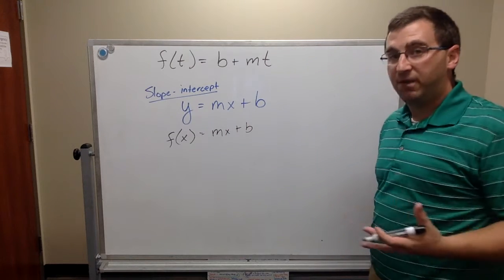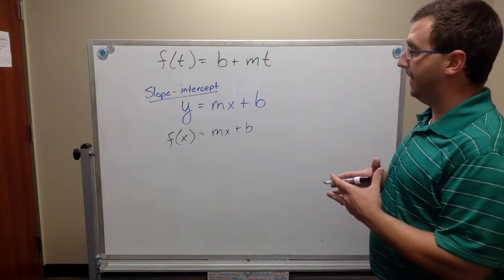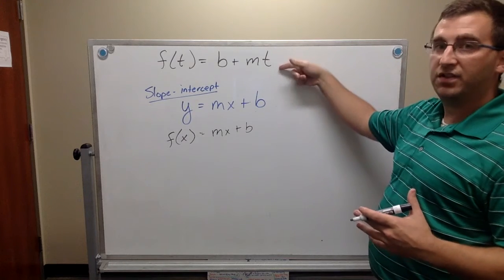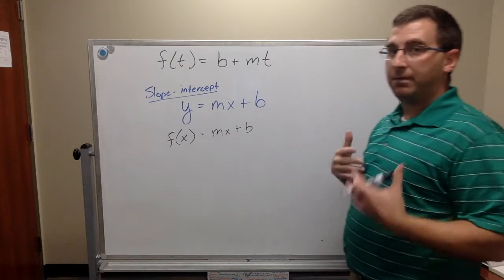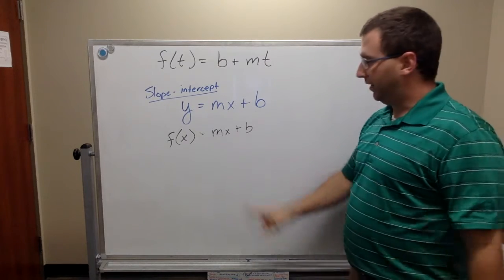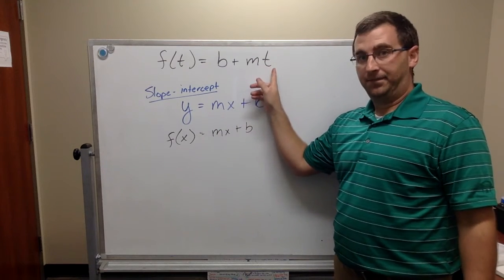That's the function form of the slope-intercept form that we're familiar with. Now, how that correlates to f of t equals b plus mt, it's the same type of formula. The only difference, instead of having an x, we're dealing with t's.